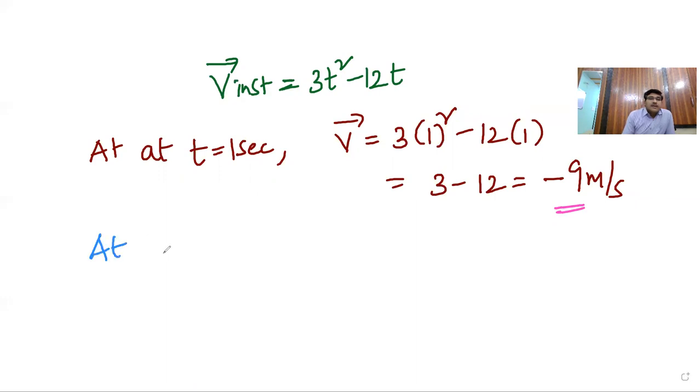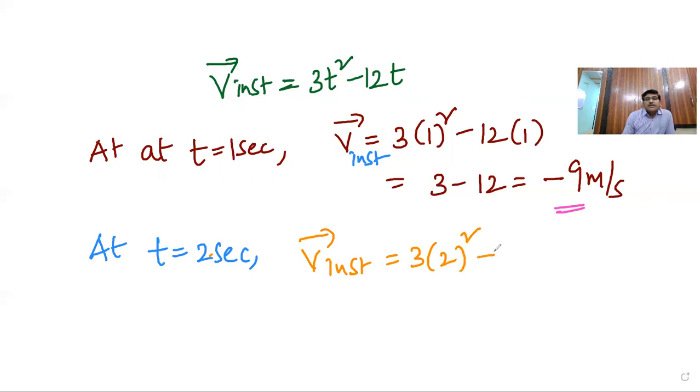And similarly, at t is equal to 2 seconds, V instantaneous. Substitute 2 seconds here. So 3 into 2 square minus 12 into, in place of t, 2. So 12 minus 24 becomes minus 12 meter per second.